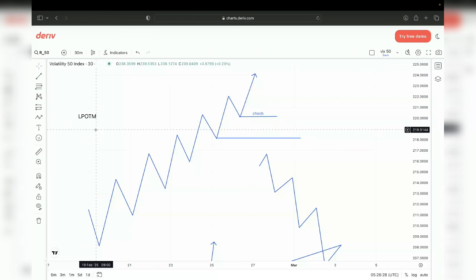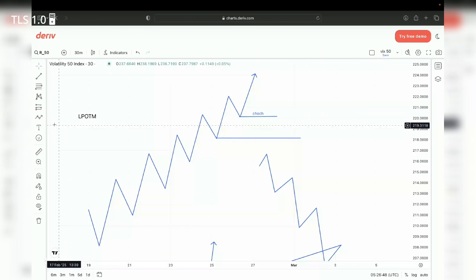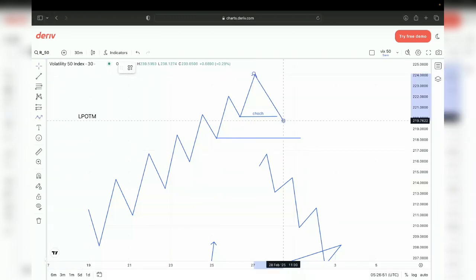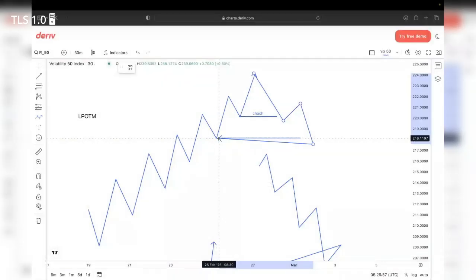Now, the last point of true mitigation is the place that invalidates a particular zone completely. There is no repair to it. Now, if price takes out the second break of structure, there could be a repair that price can still buy here.